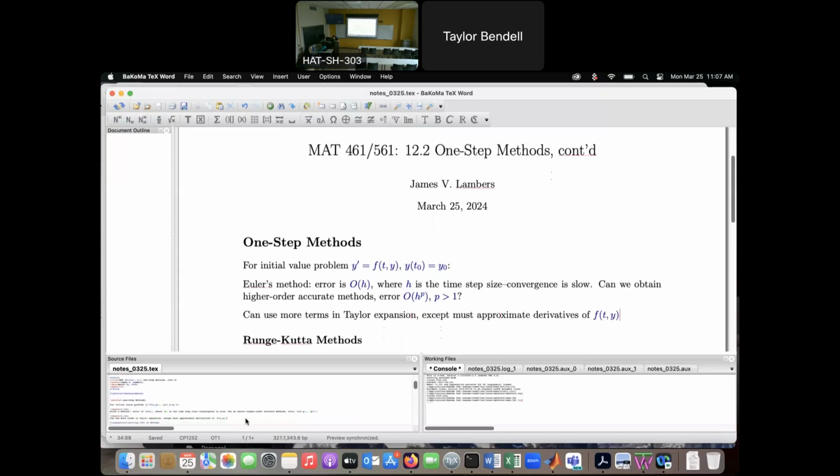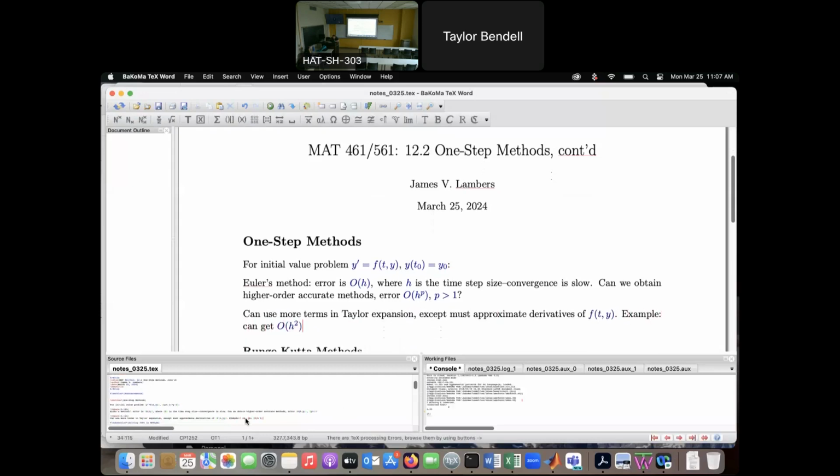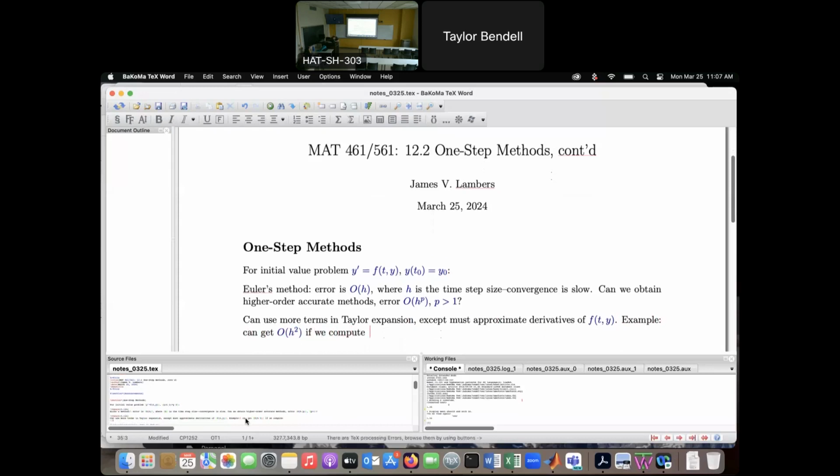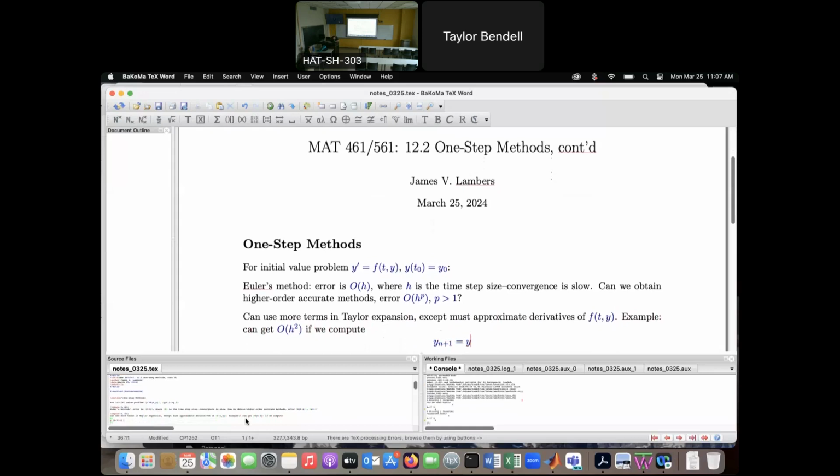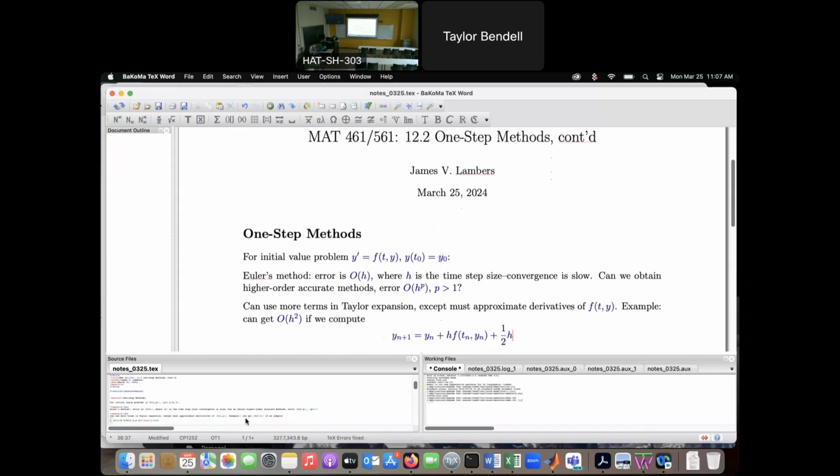As an example, we can get second order accuracy if we compute something like this: y n plus 1 is equal to y n plus, the first term I'm writing out is just Euler's method, and then I add an additional term, 1/2 h squared times, and we want to approximate y double prime.